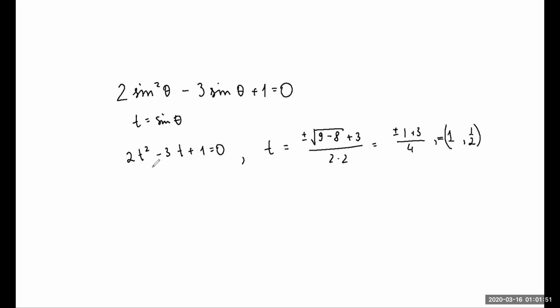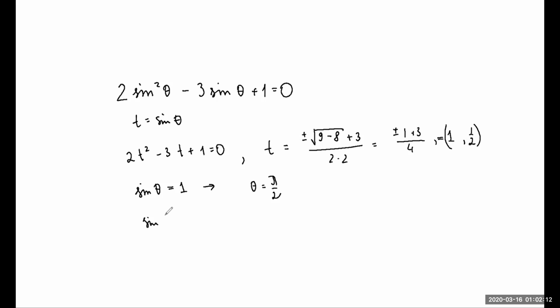Now we're going to recall that t is not my variable and go back to the sine. So we have first solution, sine of theta equals 1. For which angles theta does sine equal 1? We do know that there is only one angle, theta equals pi over 2.